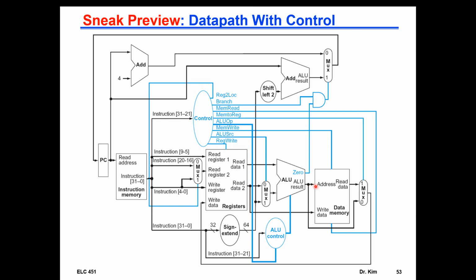We read that data, and it comes back to the register file, so that would be a load, or sometimes that address is a store. So it's coming from the register to be stored through the right data port of the memory.